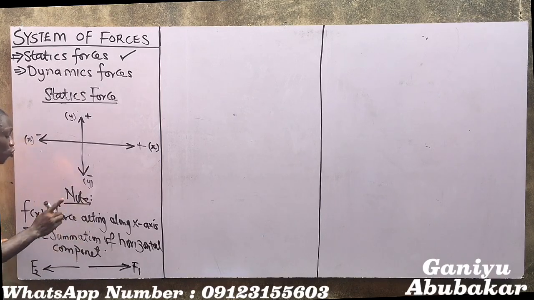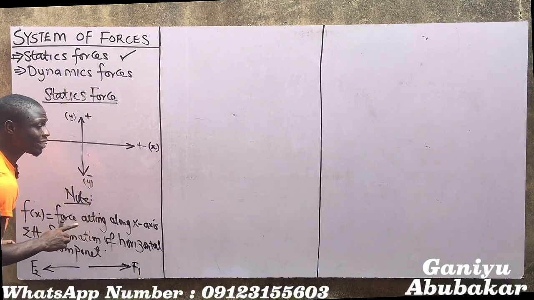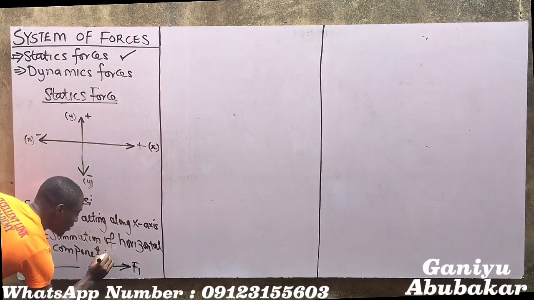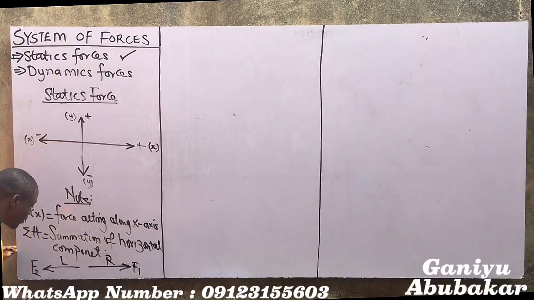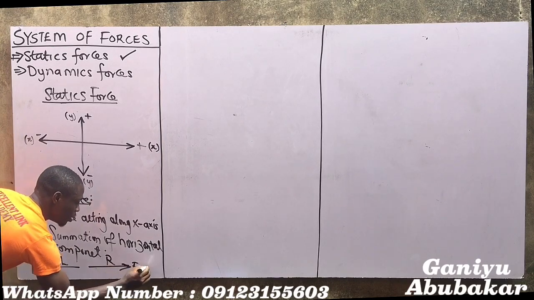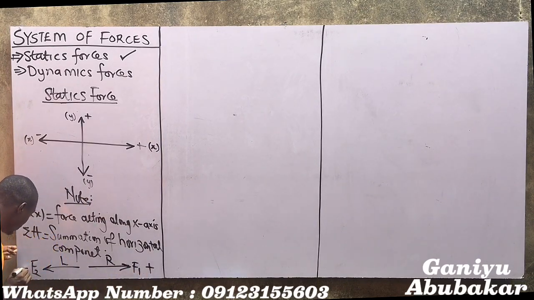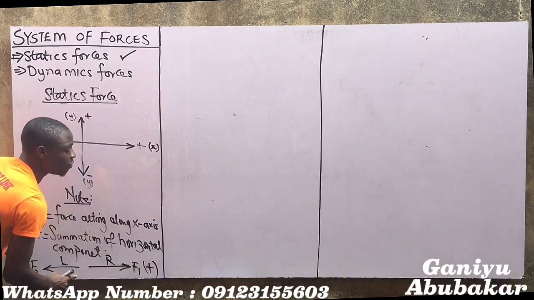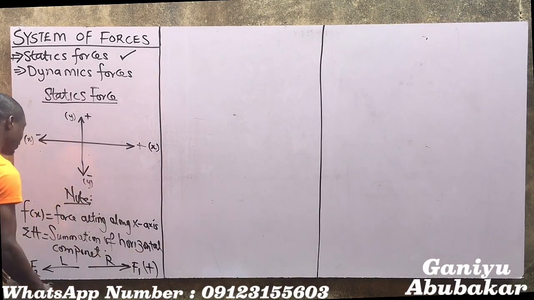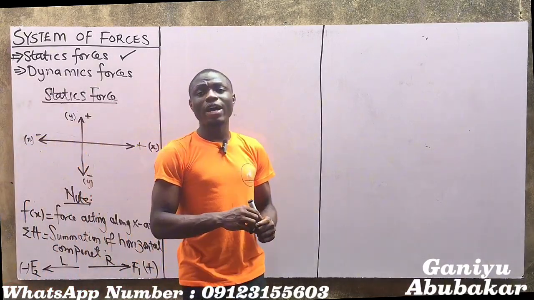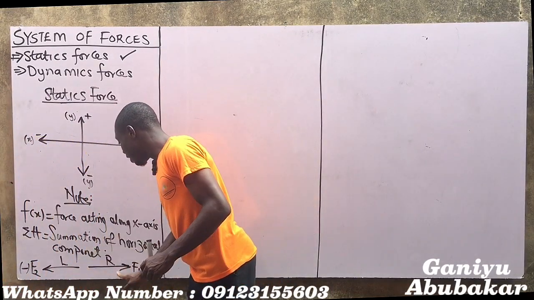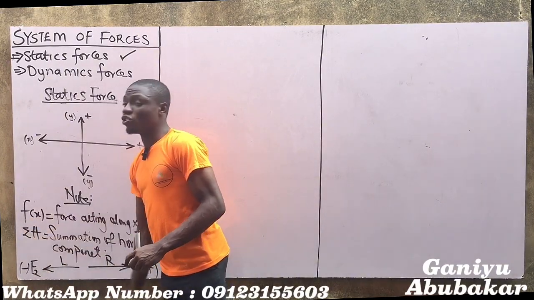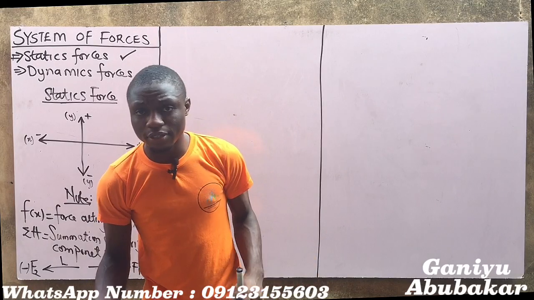When a force is acting along the x-axis, either facing right or facing left, facing right gives the positive side and facing left gives the negative side. Any force acting in this sense we call F of x, or summation of horizontal components.